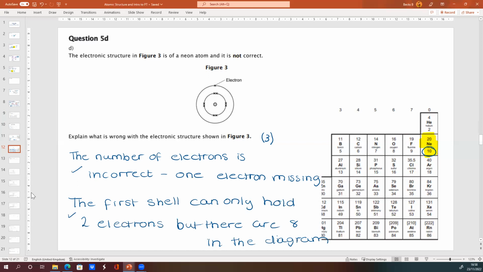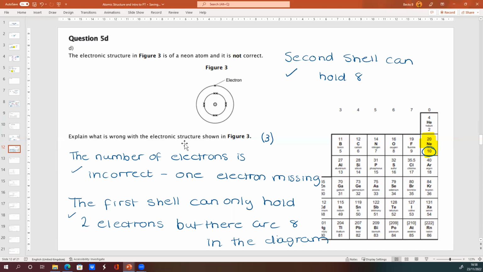And point number 3 is the second shell can hold 8. So the 8 should be in that second shell, not in that first shell.